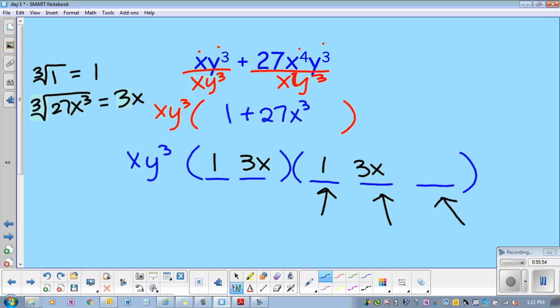And what goes last? 9x squared. Yes? All right, now for the signs. So, same, opposite, always plus. Okay?